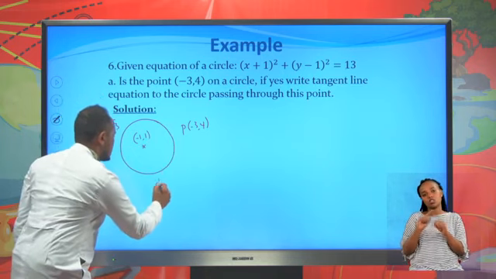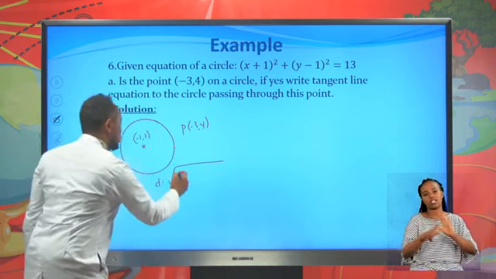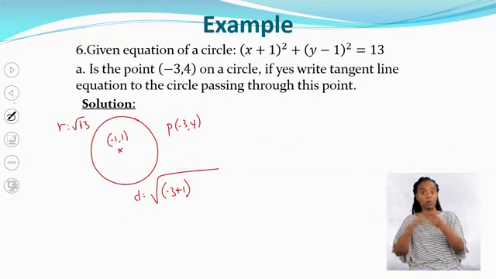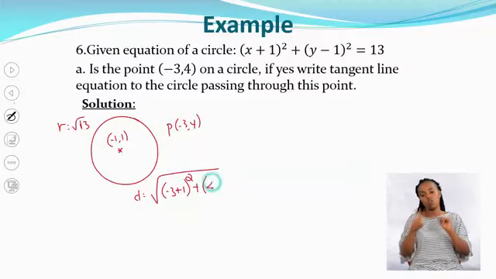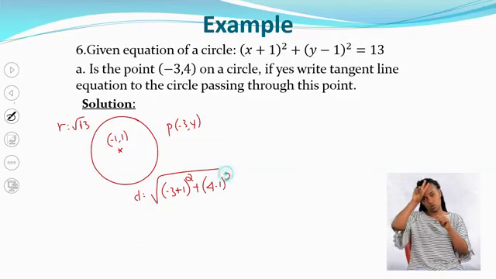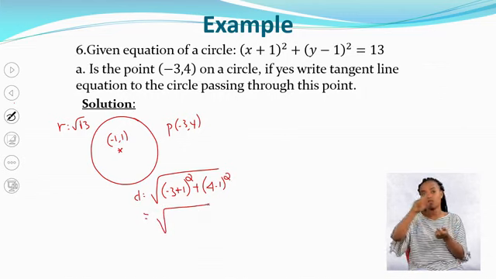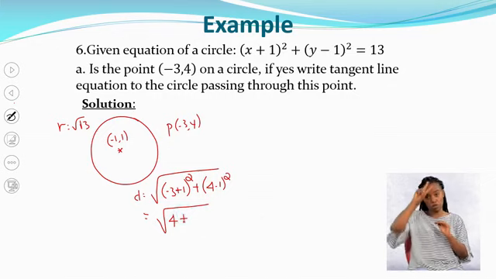So the distance is equal to the square root of (−3 − 1)... −3 minus 1 becomes... wait, the center is (−1, 1), so −3 + 1 is −2. Squared, it becomes 4, plus (4 − 1) is 3, and 3 squared is 9.